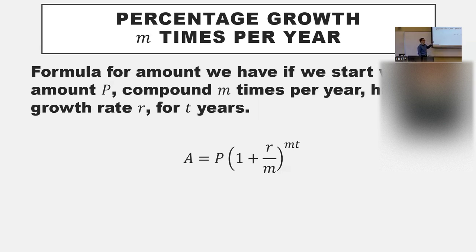By the way, when you go to take your tests this week, make sure you have that equation written somewhere, right? It's a big one. You use that a lot.